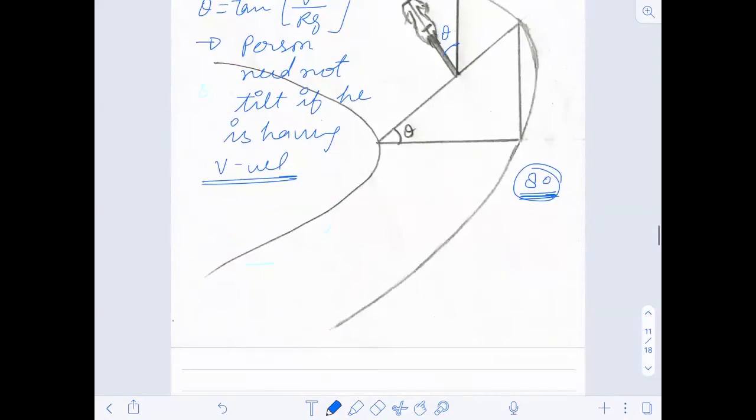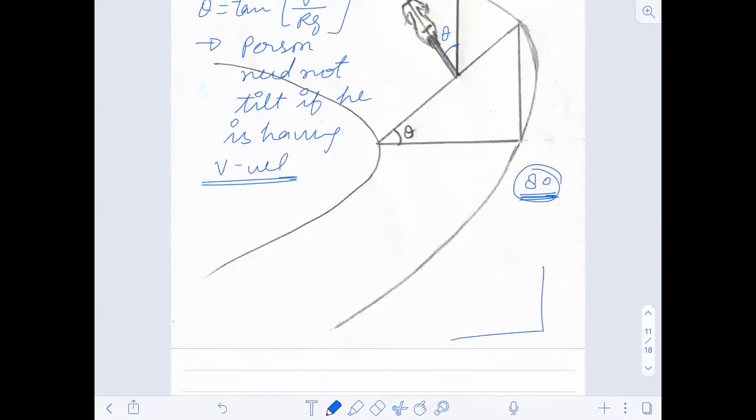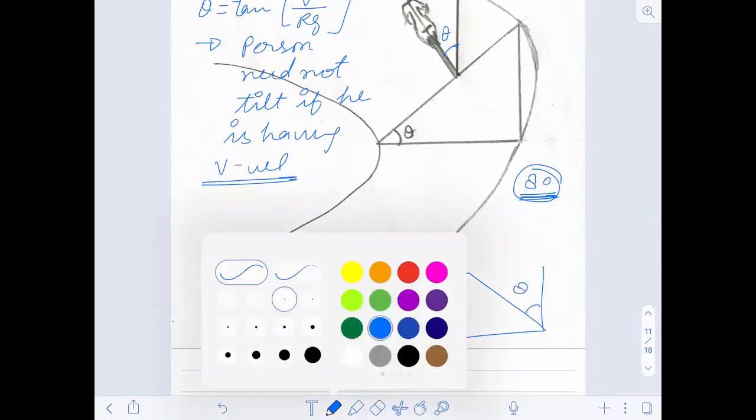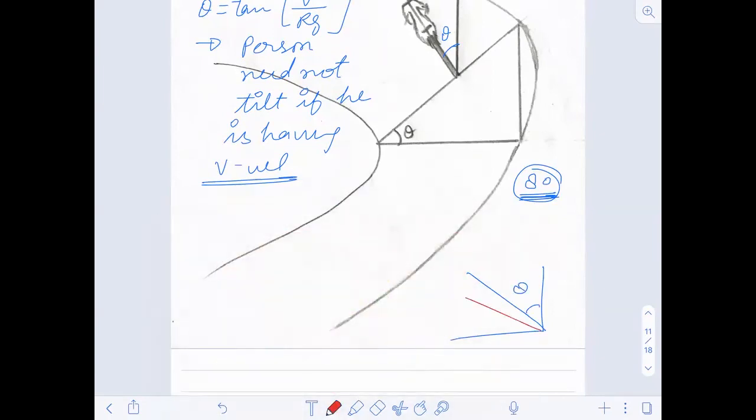Here, this is the normal tilting theta. The person's situation will be like this, or like this: A, B, and C. Tell me the options. If the person is traveling with 60, he has to be on the B line.